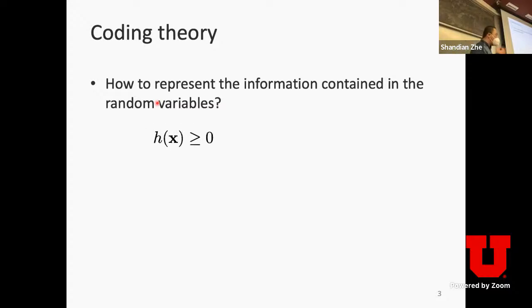So now let us assume we have such a measurement, which can tell, given a random variable X, how much information it contains. Let us assume we are Shannon, the father of information theory, and Shannon defines such a measurement. What kind of basic properties should such an information measurement satisfy?